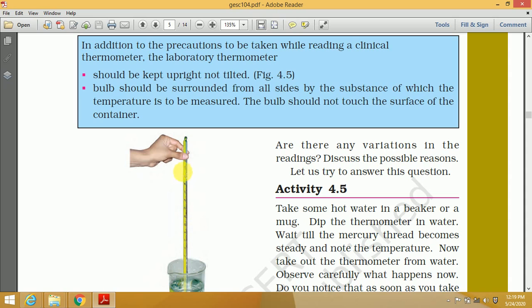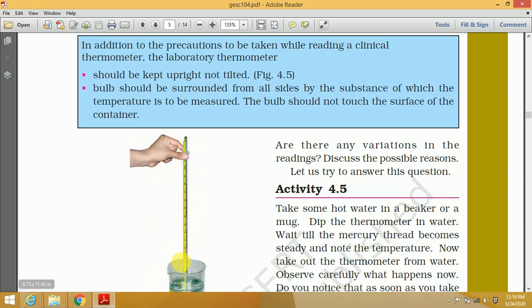If you are not able to keep it vertical, the mercury level will keep moving and will not become stable. If you keep moving the thermometer, the level of the mercury will keep moving, so it will not become steady.